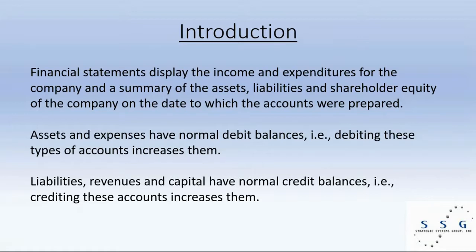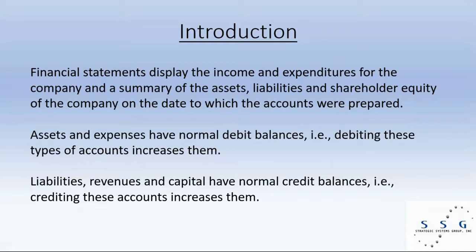So basically, for certain types of assets and certain types of expenses, debiting will increase them. And for certain types of balance sheet accounts, certain types of transactions, credit will increase them. So it's a little bit confusing, but a debit and a credit could have different impacts on different accounts.